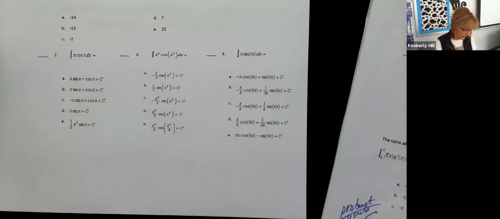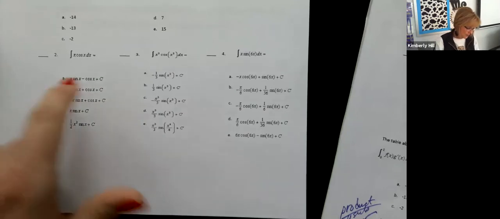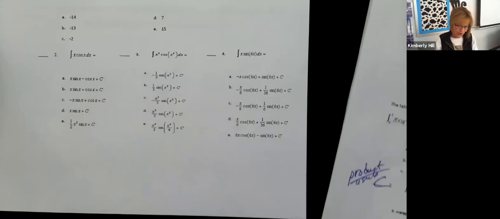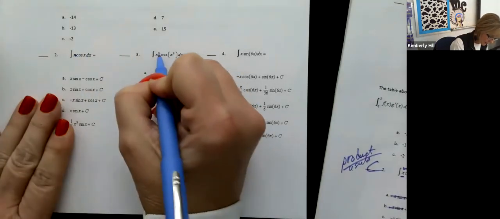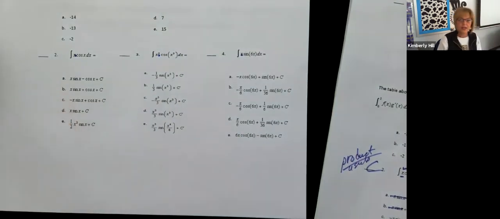Look at 2, 3, and 4, and tell me which of those three could I still use u-substitution on. They're all products. So we have a product, and a product, and I'm going to have to use u-substitution or integration by parts.